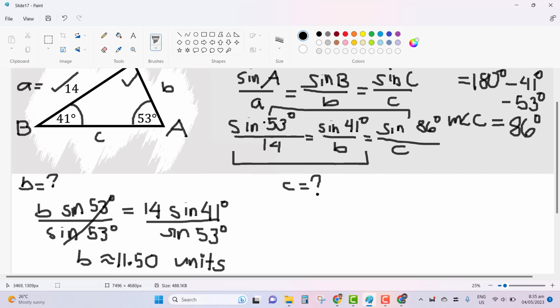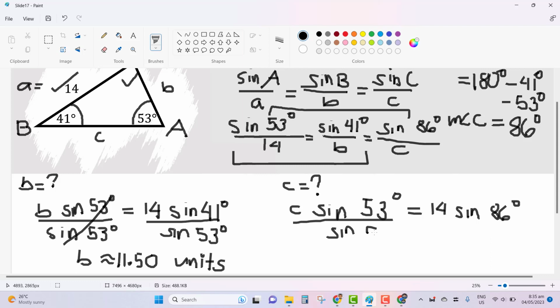By cross multiplication, we get C times sine 53 degrees is equal to 14 times sine 86 degrees. And same as earlier, divide both sides by sine 53 degrees, cancel that out, and do the same thing on the other side. In short, C is computed as this expression.